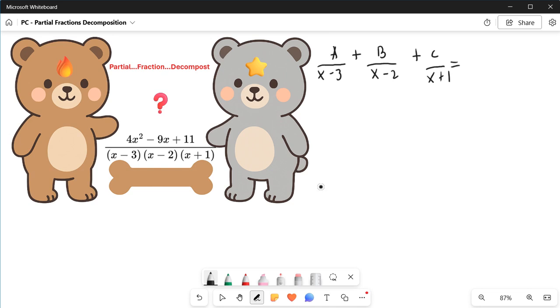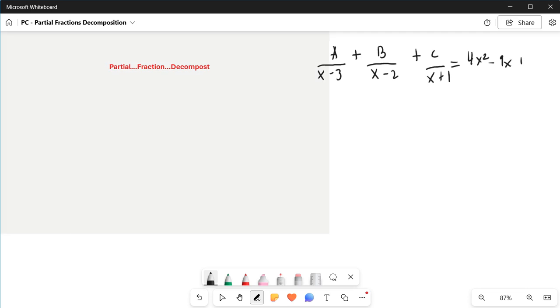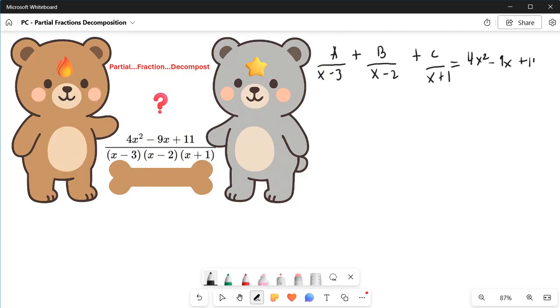Now, it says that it's actually equal to that left-hand expression, so that's going to be 4x squared minus 9x, and that's going to be plus 11, and all of this is divided by that same denominator, right?